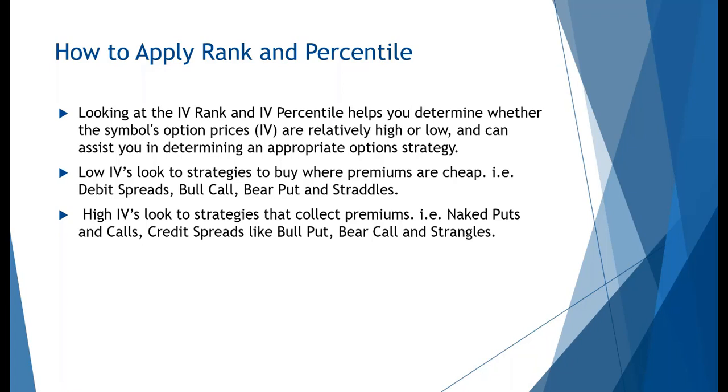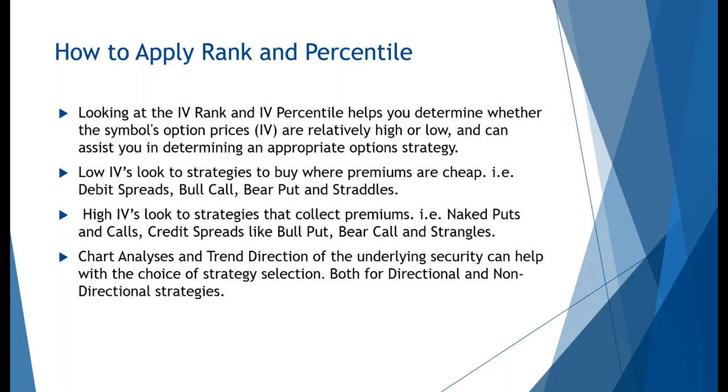So contrarians like to look for high IV environments, but again, we want to use these in concert with other technical analysis, contrarian technical analysis, maybe something like Bollinger Bands, just to give you an example, okay? And chart analysis or trend direction of the underlying security will help us in our choice of strategy selection, both non-directional and directional, okay?